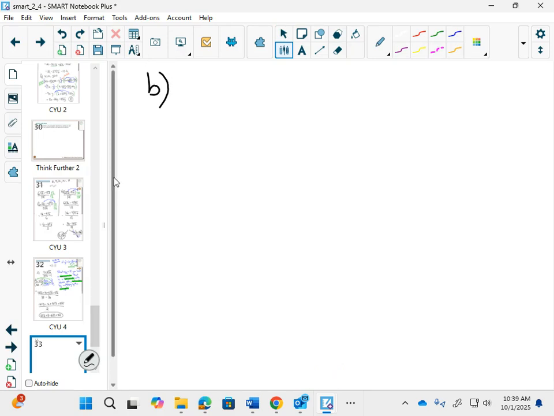We've got 2 root 3 minus 4 root 6. And on the bottom, we have 3 root 2s plus 2 root 3s. We have square roots on the bottom. Okay? We have a binomial on the bottom. To get rid of square roots on the bottom with a binomial, you have to multiply by the conjugate.